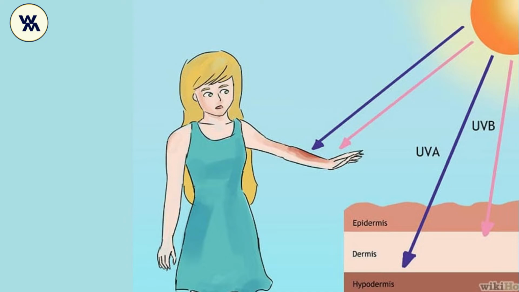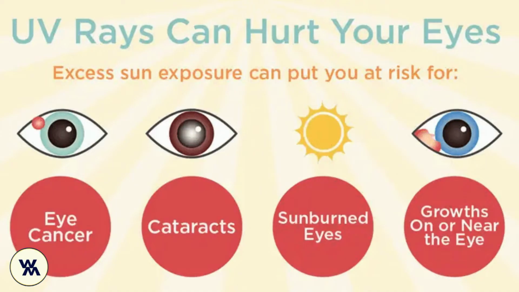So we get rashes. But UVA is more dangerous and goes inside the dermis, which creates permanent cancer or burns, which is very dangerous. As you can see in this girl, there are many spots, which is a very good example.